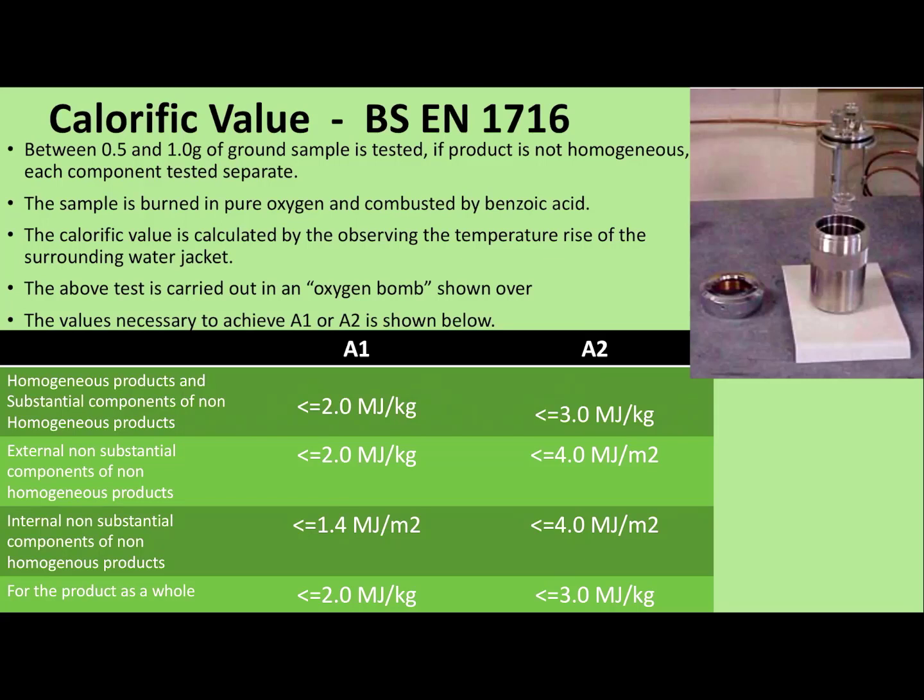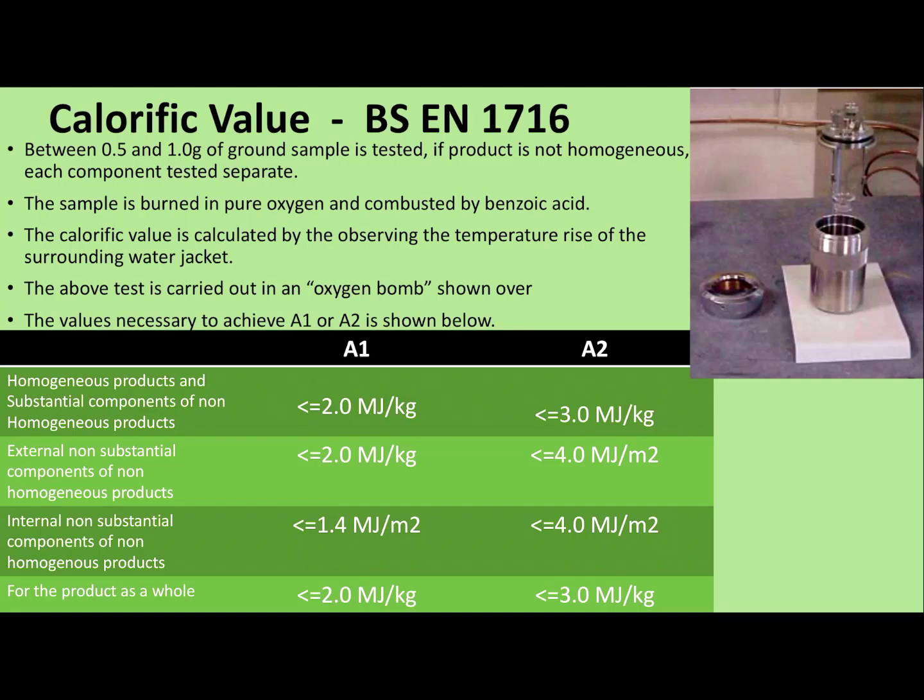Benzoic acid is a natural product that's found in plants, but it must be very easy to calculate its calorific value, and it must be quite combustible, otherwise it wouldn't be used in the test. But the sample is mixed with benzoic acid to create a kind of tablet that's put into a crucible.